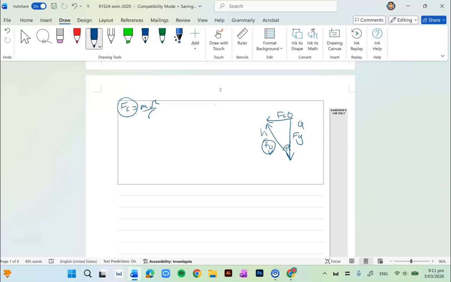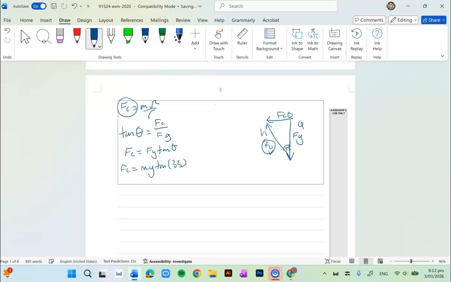So that's the opposite, adjacent, hypotenuse. So we can use the tan relationship. Tan angle equals the opposite over the adjacent, so it's going to be FC over FG. If we rearrange that, FC is going to equal FG times tan theta, so FC equals mg tan 35.